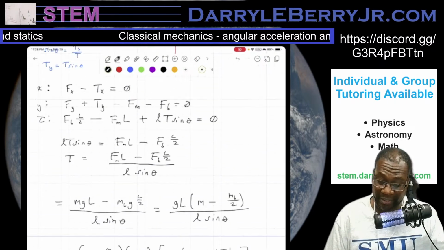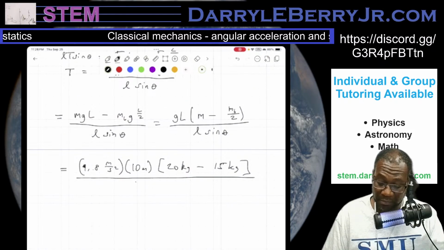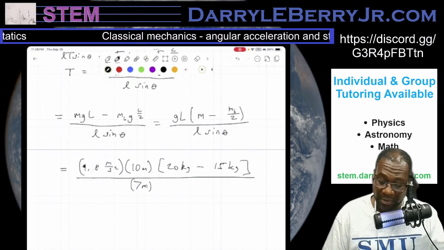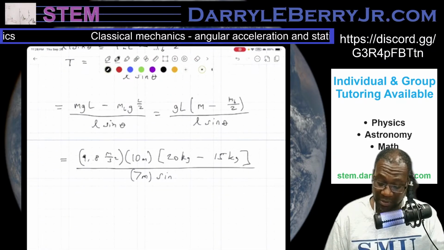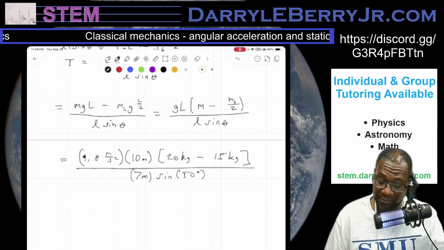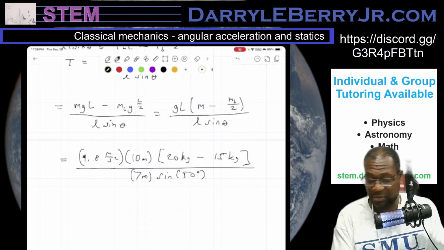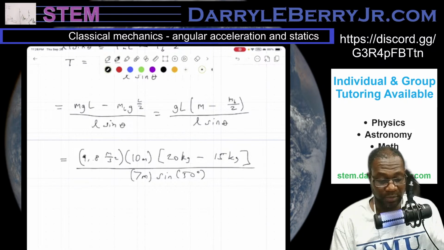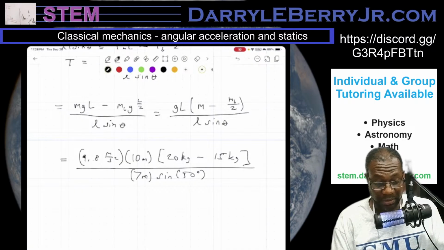And then we have L, which is 7 meters, sine 50. I gave it 50 degrees. All right, so let's plug this in. We'll see what the tension is in the wire that's helping to hold that mass up.